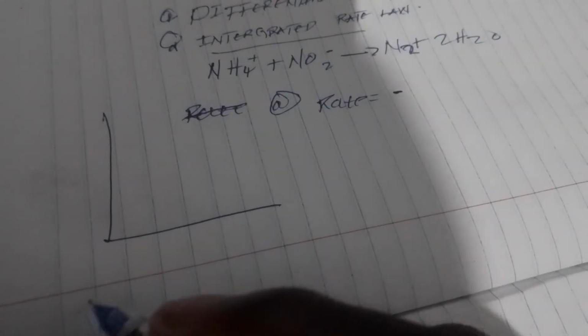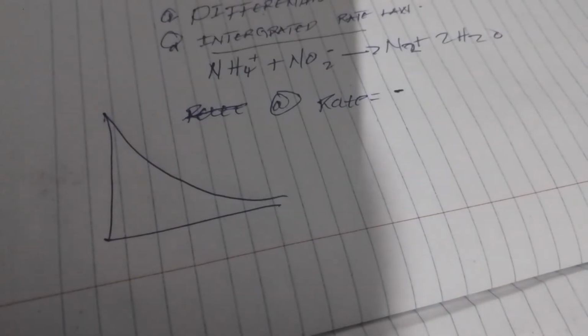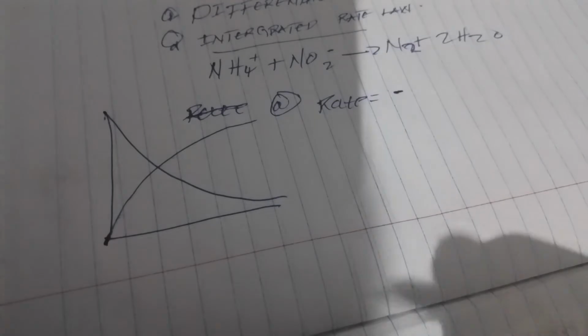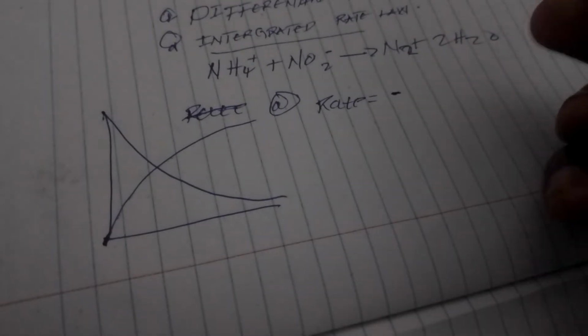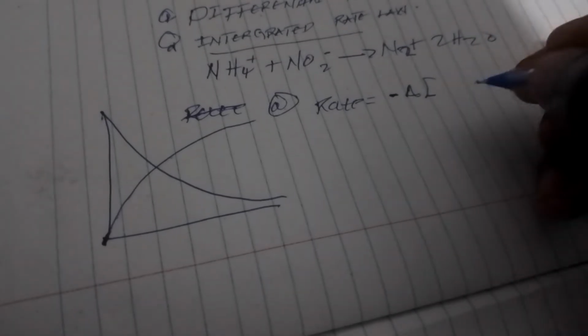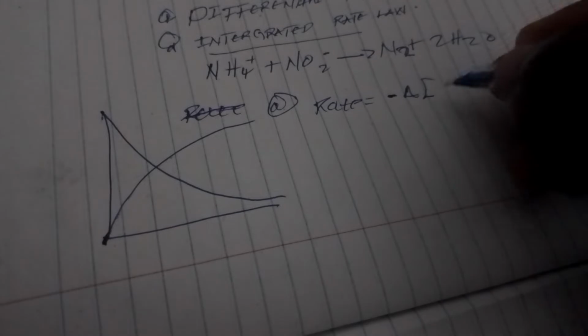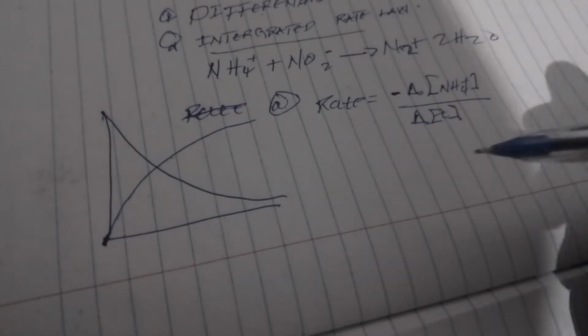Why am I putting negative? Because the reactant keeps on reducing, hence I show a negative as a sign of decreasing, while the product keeps on increasing. So negative symbolizes the reactant, then the change in the concentration of ammonium divided by the change in time. So this is our integrated rate law.